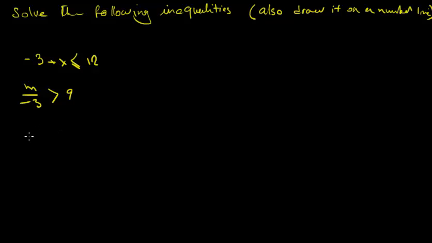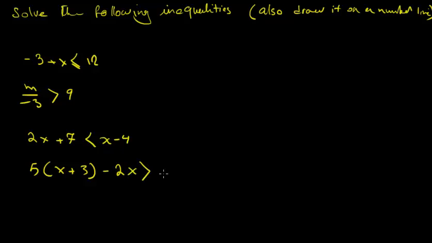Let's say we have 2x plus 7 less than x minus 4. 5 times x plus 3 minus 2x greater than x over 2.